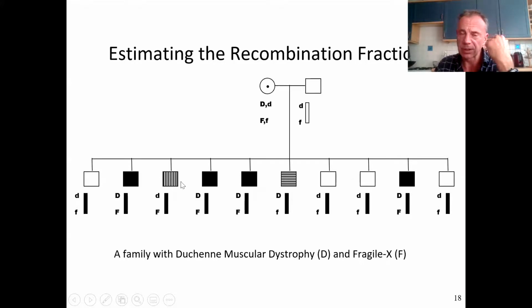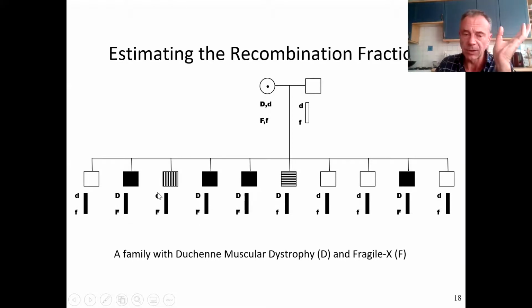Now, that means we can infer what alleles they have at the disease genes. So somebody who is not shaded at all is normal, has got a normal Duchenne gene and a normal Fragile X gene, a little d and a little f. Somebody who's got both has got a variant, a mutation in their Duchenne gene, which we'll put as capital D, and also in their Fragile X gene, which we'll put as capital F.